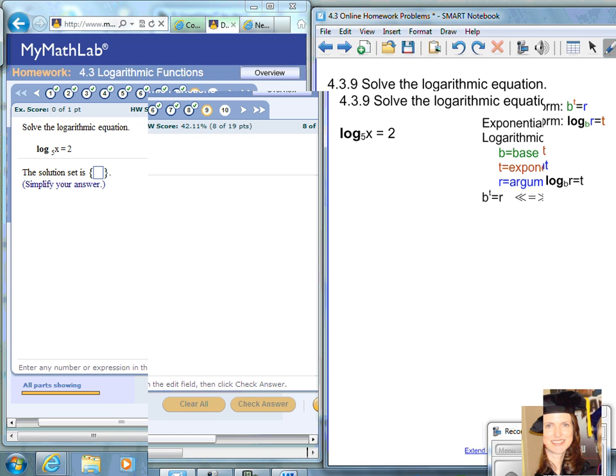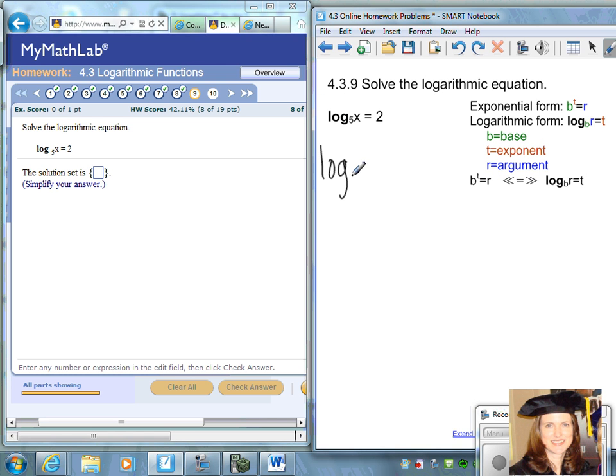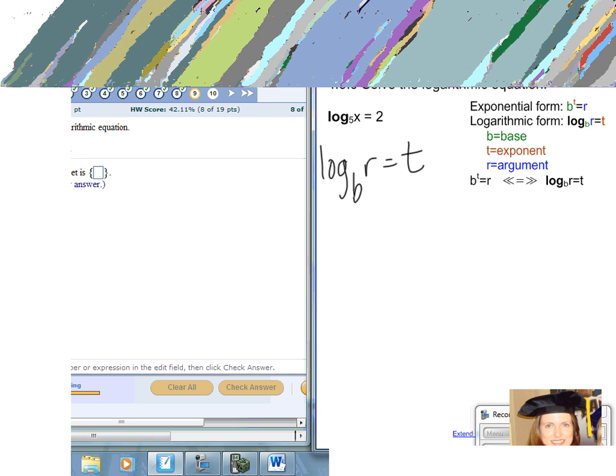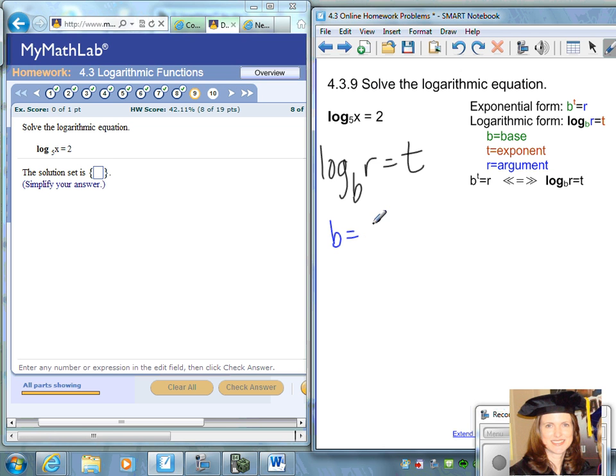This is written in the form of log base b of r equals t. Identify the three parts. B is the base, b is equal to 5. The exponent t is equal to 2. The argument r is equal to x.